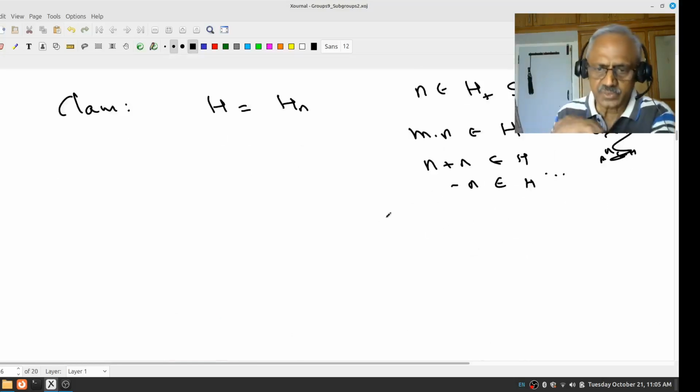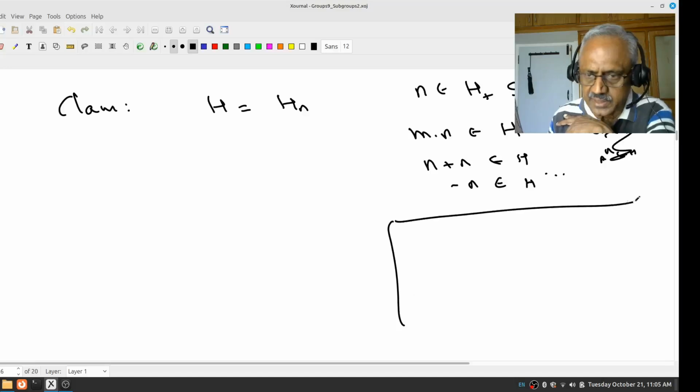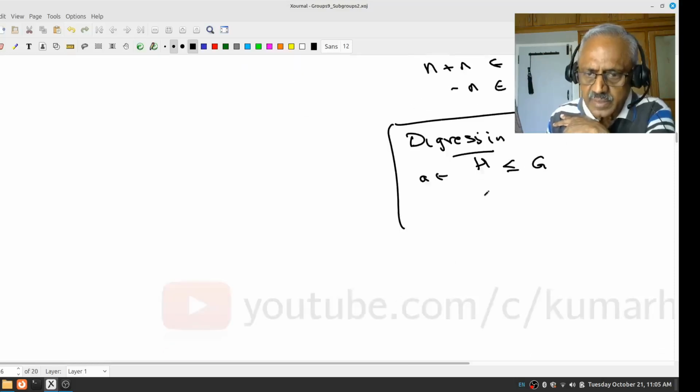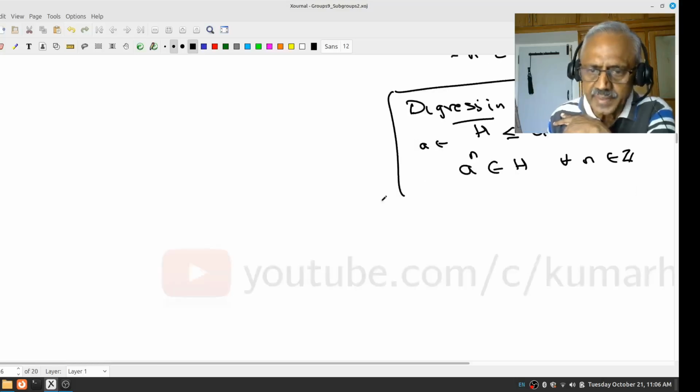In case you have no idea, let me take a digression. Suppose H is a subgroup of G and A belongs to H, then A power n belongs to H for every integer n. Why? Because when n equals 0, it's clear.